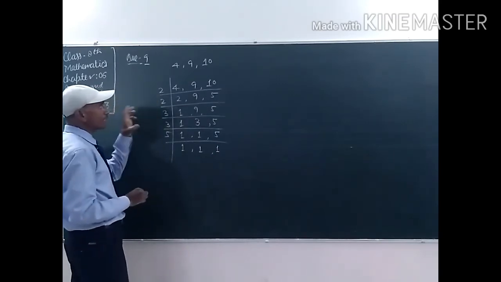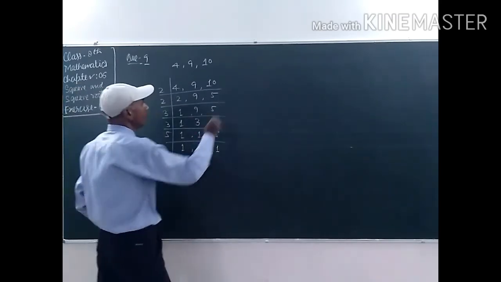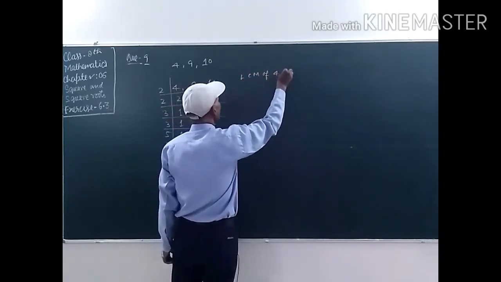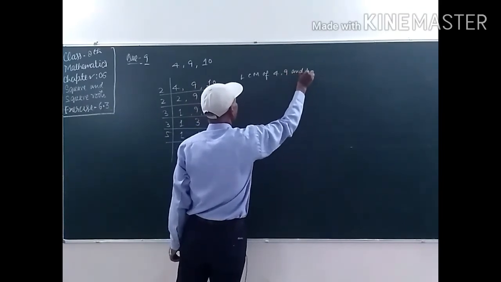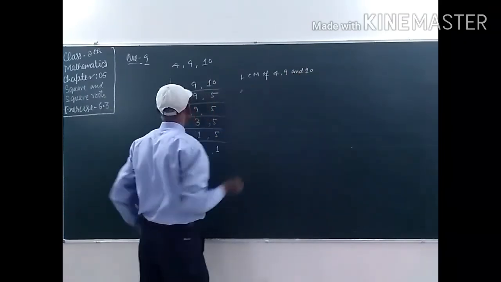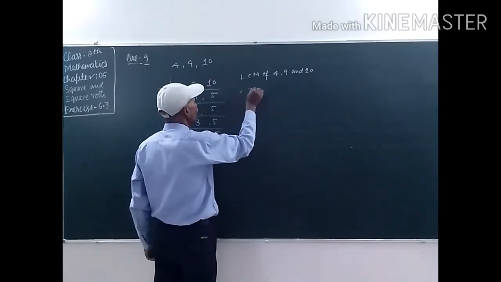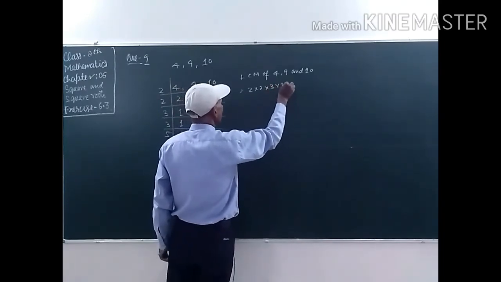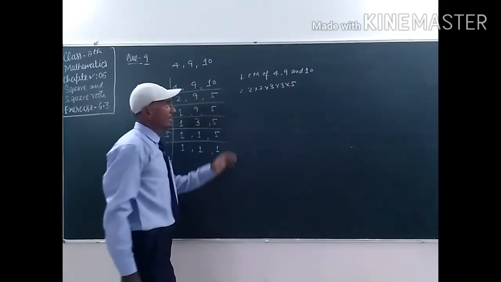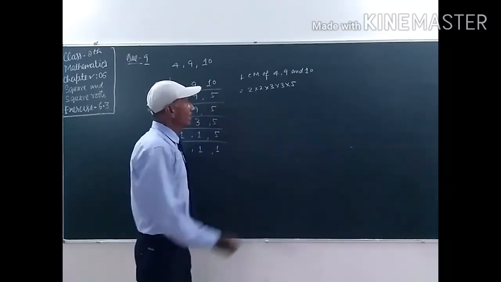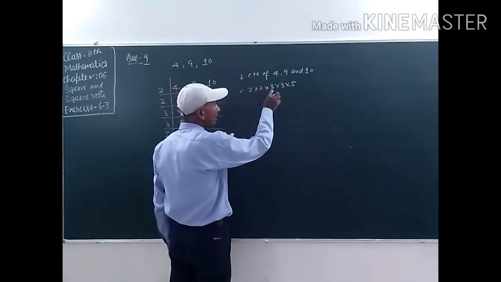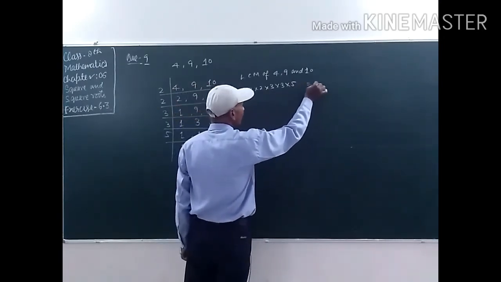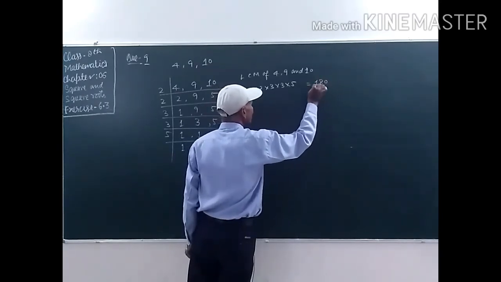So the prime factors of the LCM of 4, 9 and 10 are 2 into 2 into 2 into 3 into 3 into 5. Clear, students? 2 2s are 4, 3s are 12, 12 3s are 36, 36 5s are 180. This one is the LCM, students.